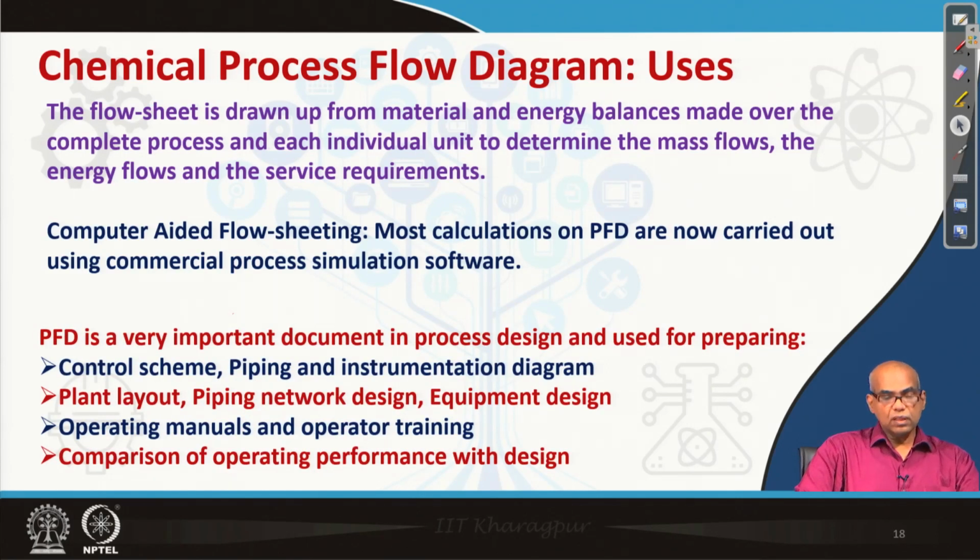Process flow diagram is a very important document in process design, and it is used for preparing control scheme, piping and instrumentation diagram, plant layout, piping network design, equipment design, operating manuals and operator training, and comparison of operating performance with design.